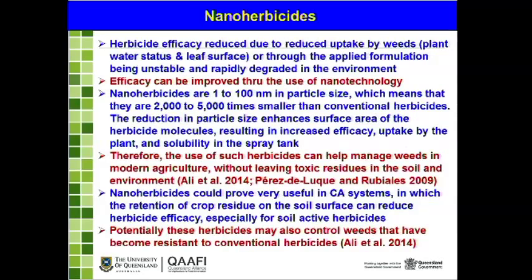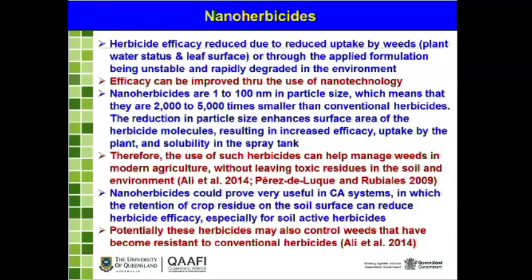only last year I found that there is something called nanoherbicides, and I'm now interested in this. We know that herbicide efficacy is reduced for several reasons, some of them being reduced uptake by weeds or the applied formulation being unstable or rapidly degraded.